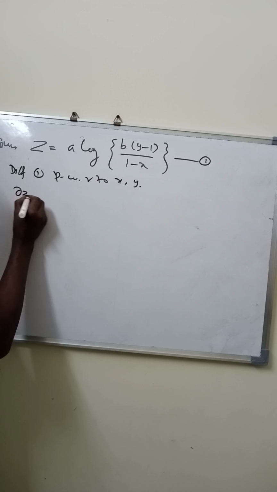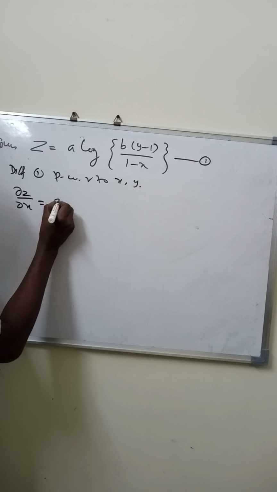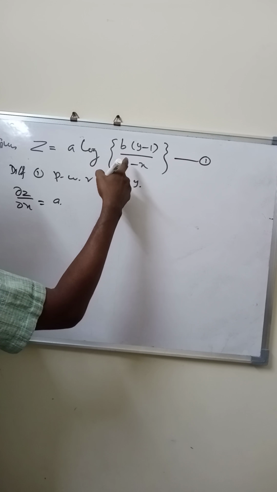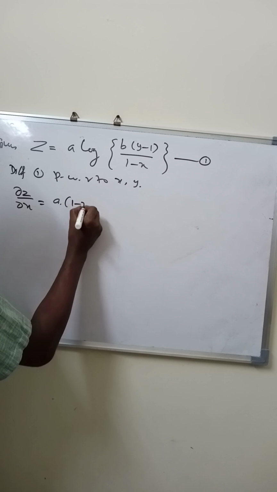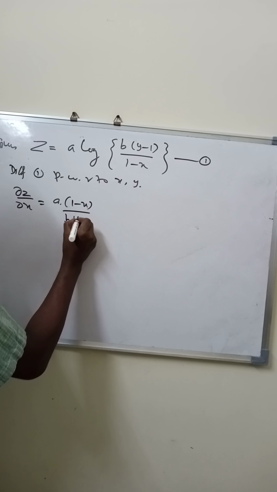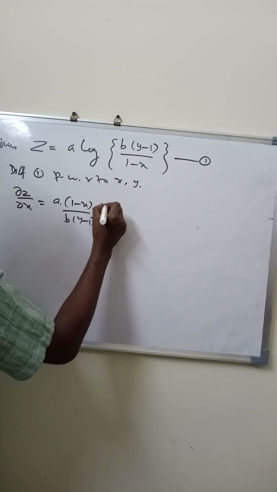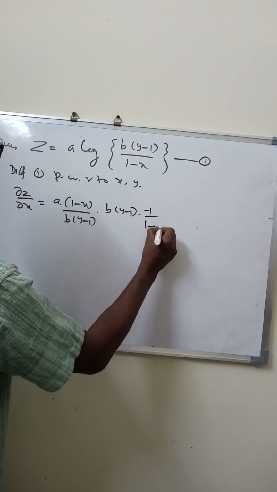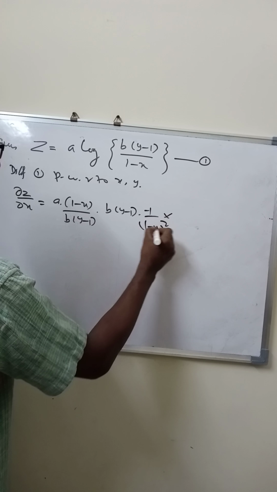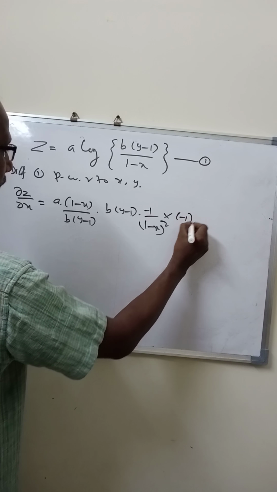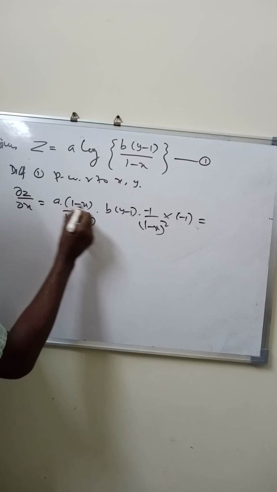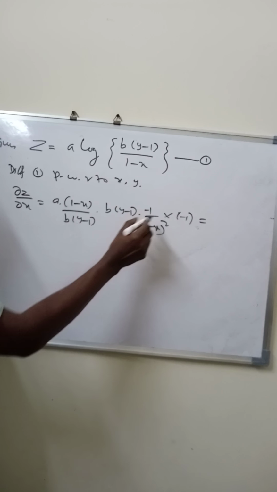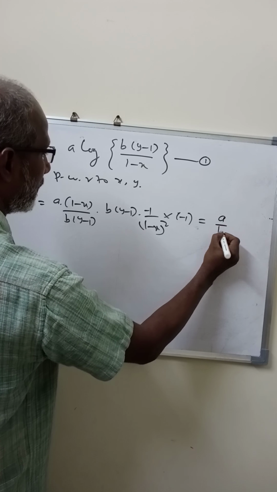That is, ∂z/∂x is equal to a into 1 by the log argument, that is (1 minus x) by b(y minus 1), and the derivative of b(y minus 1) by (1 minus x) with respect to x gives b(y minus 1) by (1 minus x) the whole square. Now y minus 1 will be cancelled, 1 minus x will be cancelled, b will be cancelled, minus becomes positive, that is equal to a by (1 minus x).